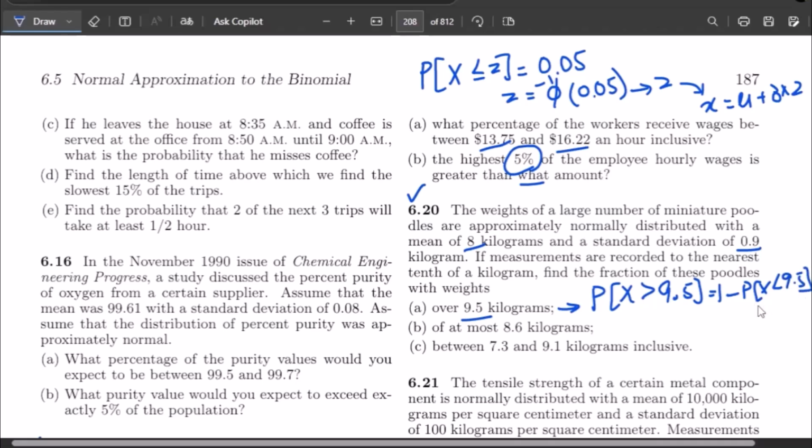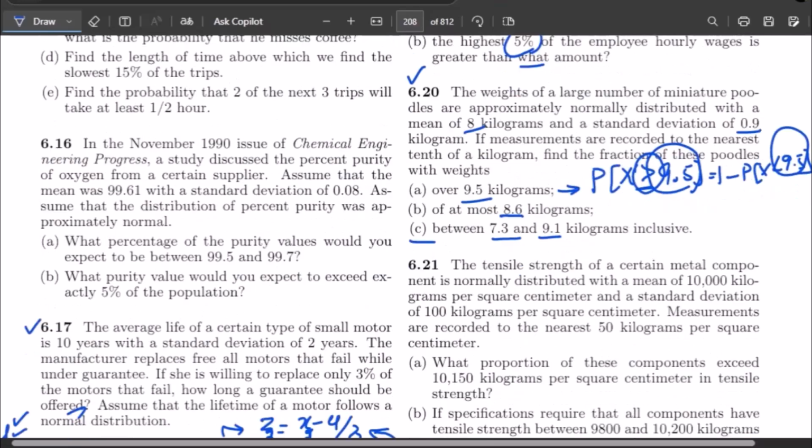Why less than? Because we have to convert this to z, and in the z distribution table we cannot use it for values greater than some specific value. B is at most 8.6 kilograms. Again we have to convert it to z and then find it, and between this and this is again the same question as part A here and part B of question 6.18.